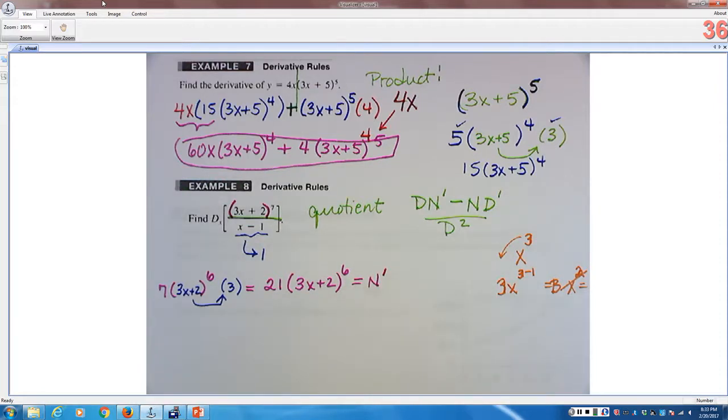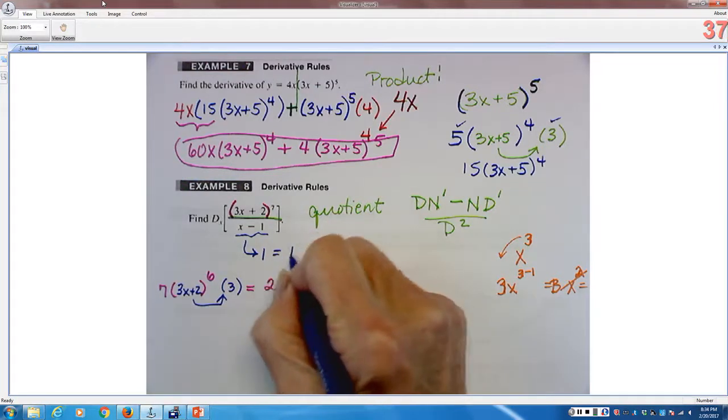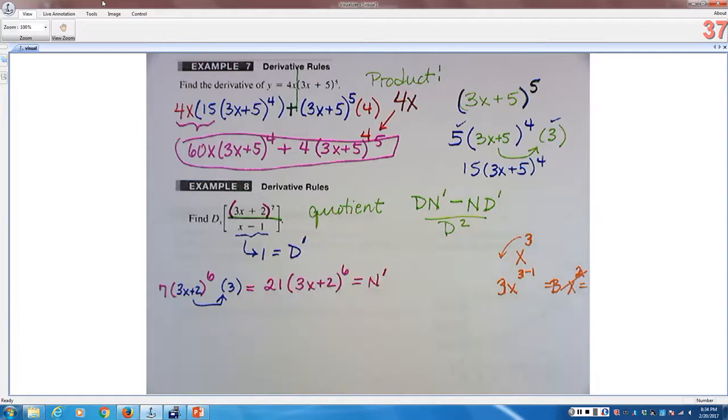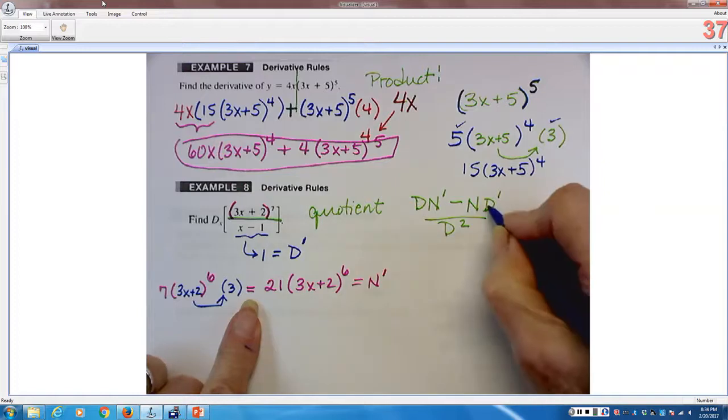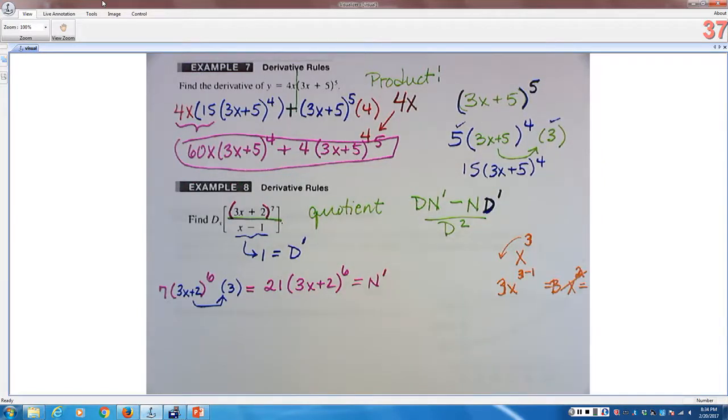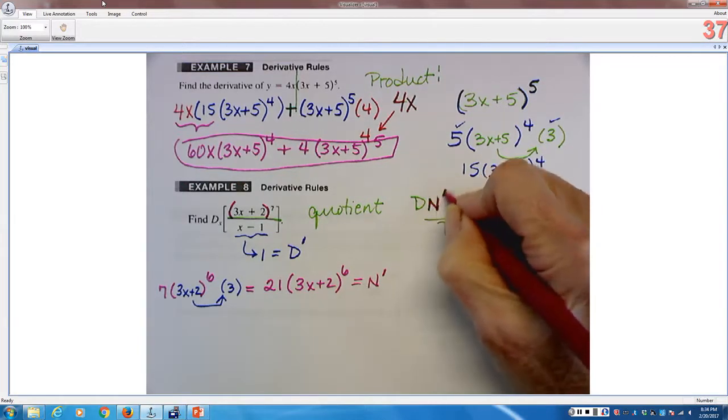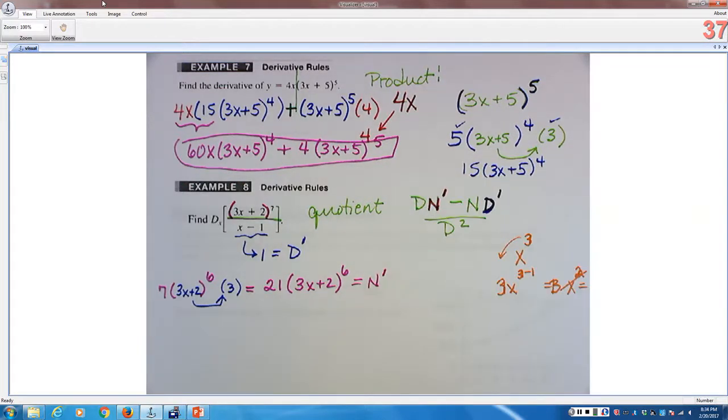Okay? This was d prime. So when I go over here and plug these in, then I'm going to plug them into the quotient rule.